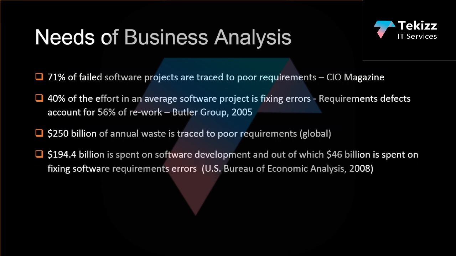Now, 194.4 billion is spent on software development, out of which 46% is spent on fixing software requirement errors only. So that is around 25% spent on fixing the errors only, and that was observed by the US Bureau of Economic Analysis back in 2008.